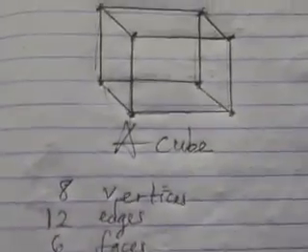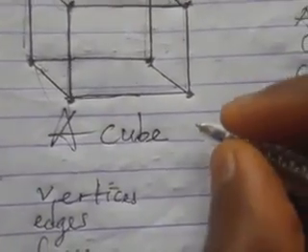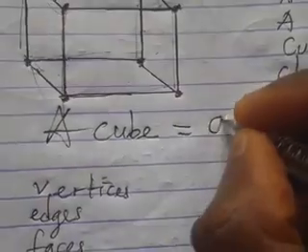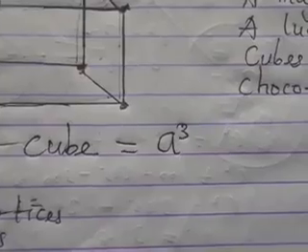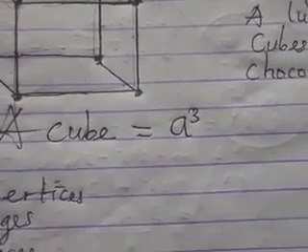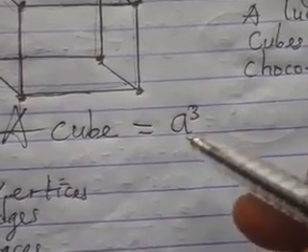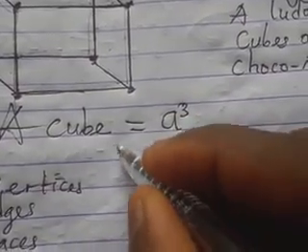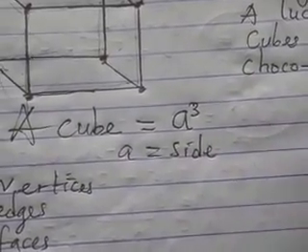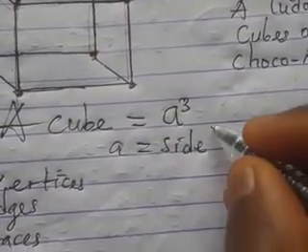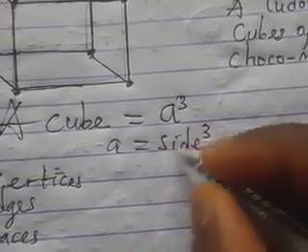So if I say find the volume of a cube, the volume of a cube is a cubed. That means a raised to power 3. And what is a? A represents the side. So that means the side raised to power 3.